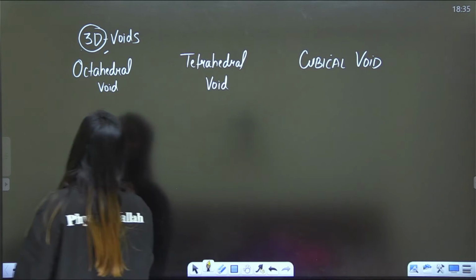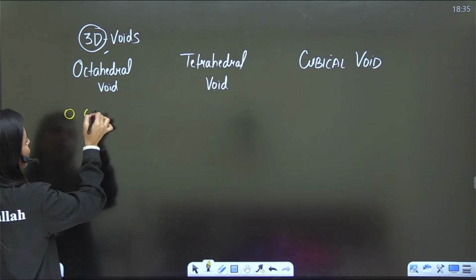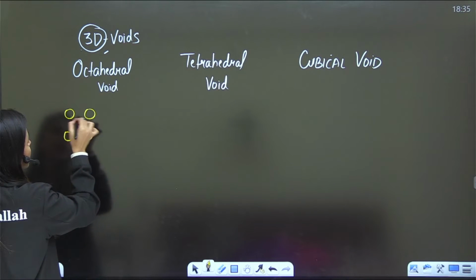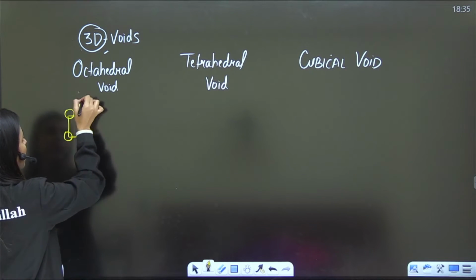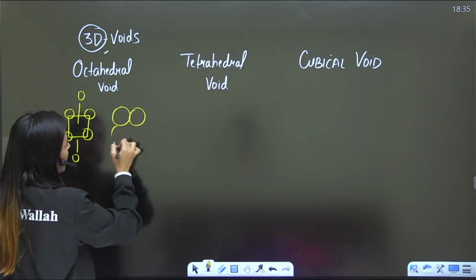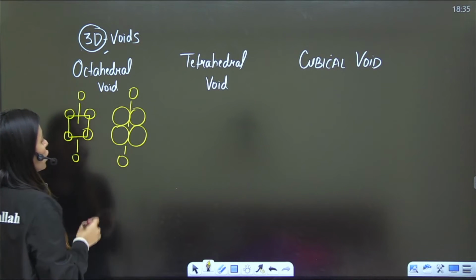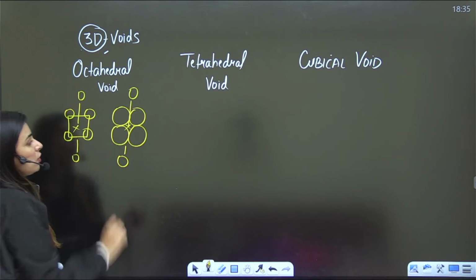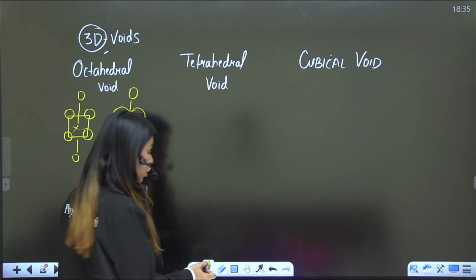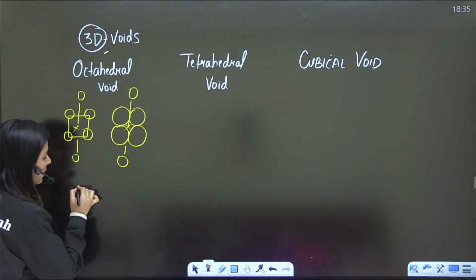So now, if you talk about octahedral void, you know that octahedral void is made up of 4 different atoms in a plane, right? Something like this, and then you have one atom above and one atom below. If I want to draw it in a better way, something like this, one atom is above and one atom is below. So this is your octahedral void. Okay, I also made you understand that your octahedral void can also be present something like this.